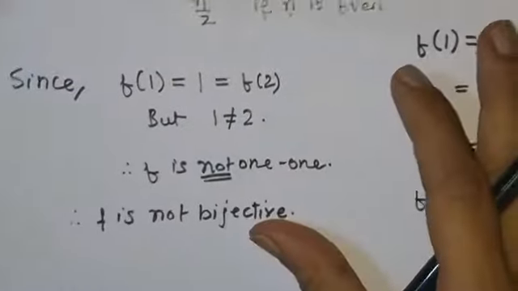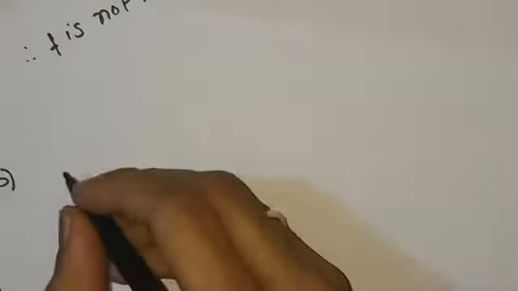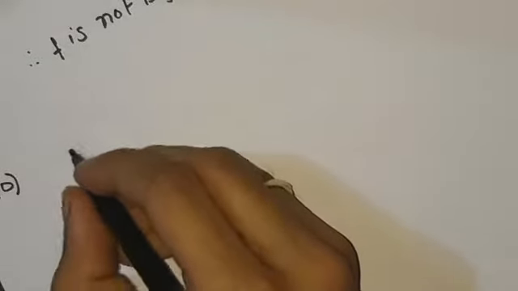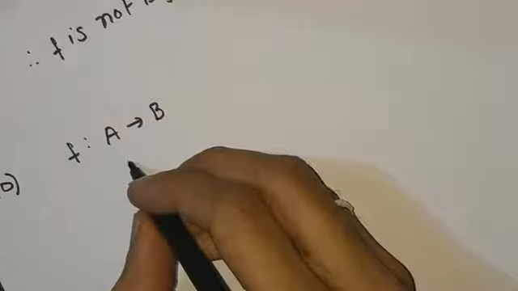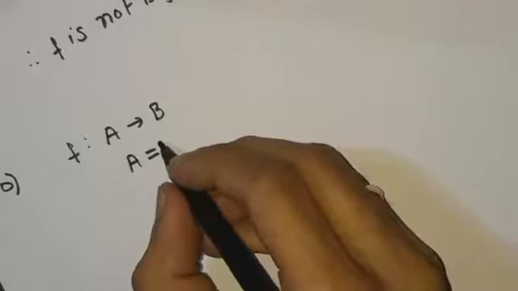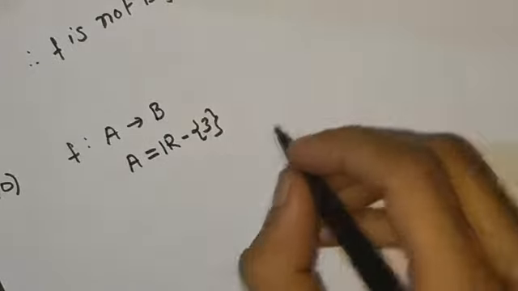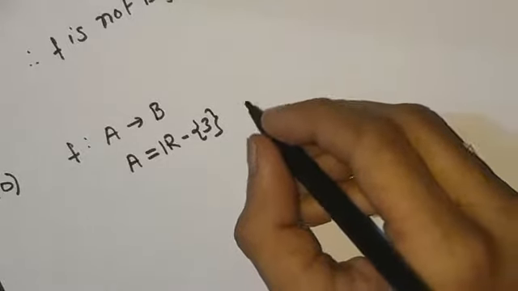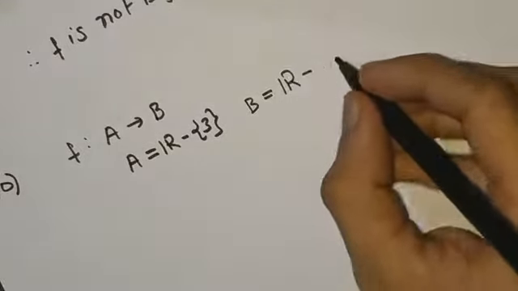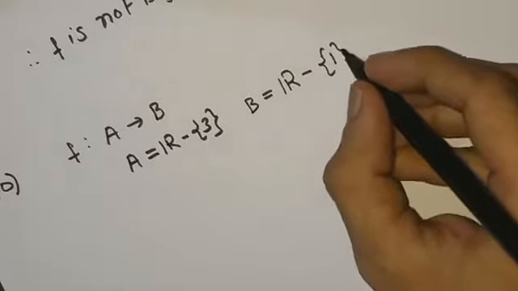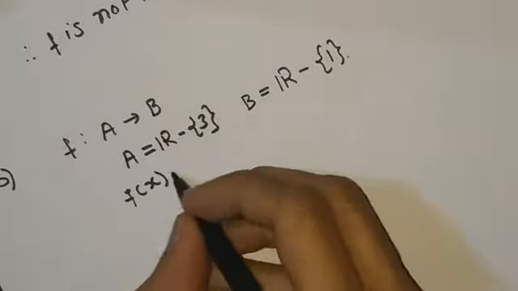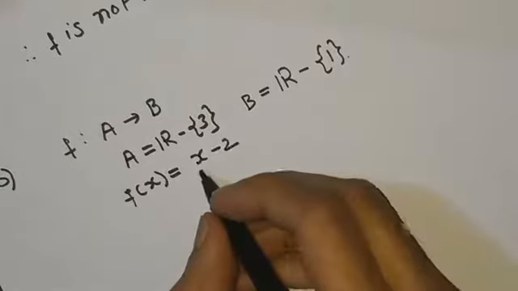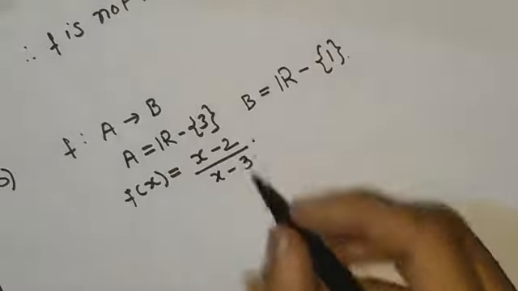So let us see what is first given in the 10th problem. You are given a function f from A to B, where A is equal to set R minus singleton set {3} and set B is equal to the set R minus singleton set {1}, and the function f(x) is defined as (x minus 2) divided by (x minus 3).